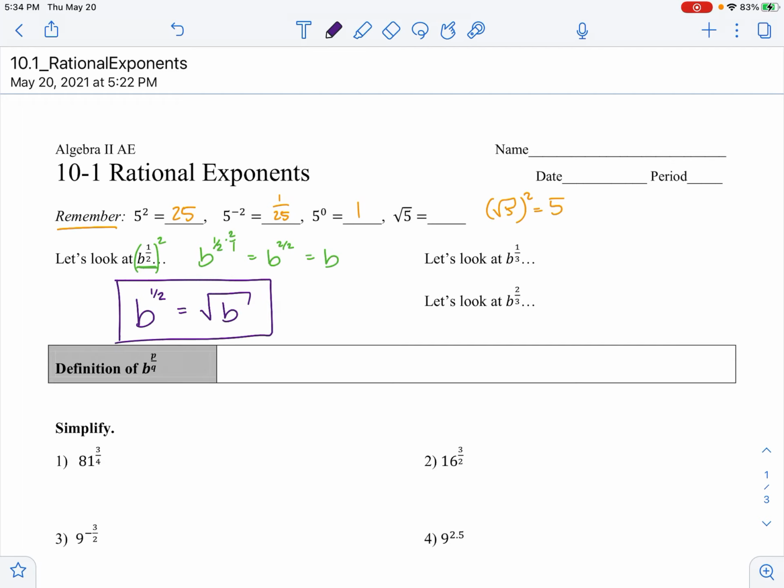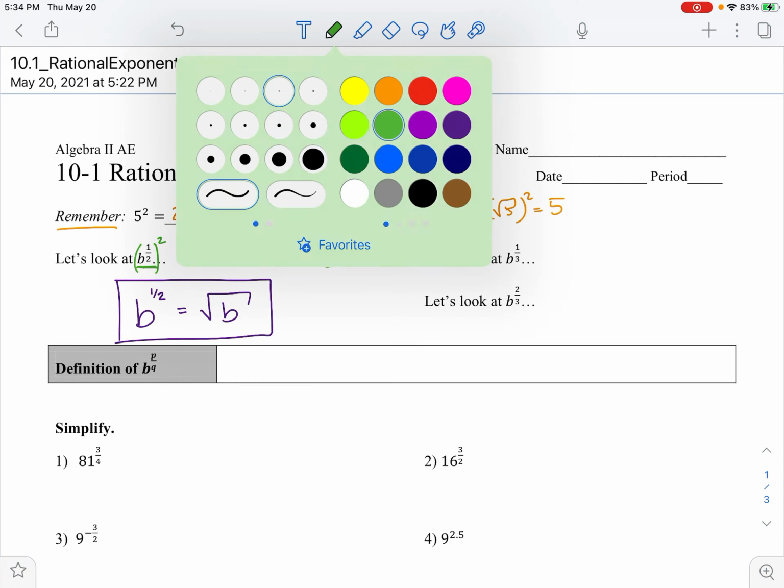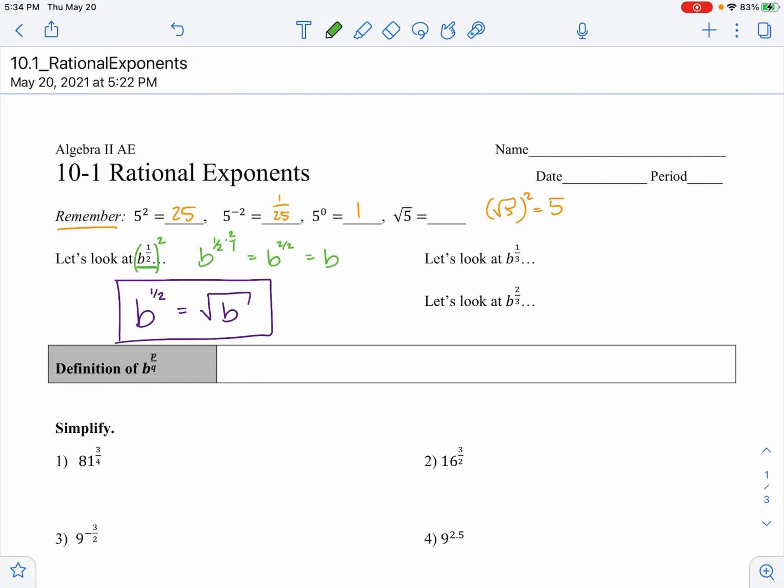Let's look at some others. What about b to the 1/3 power? Okay, well, what happens if I try to keep doing what we did? What if I square it? Well, I'm going to multiply my exponents. So 1 over 3 times 2 over 1 is going to give me b to the 2/3. That didn't help at all. All right, so let's go back, start again. What if I cube it?